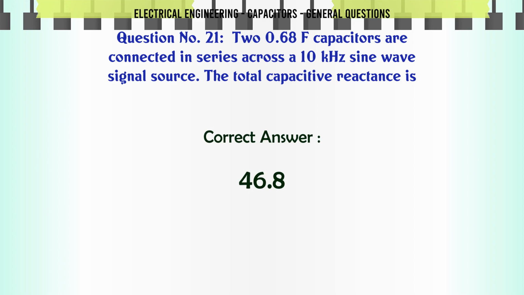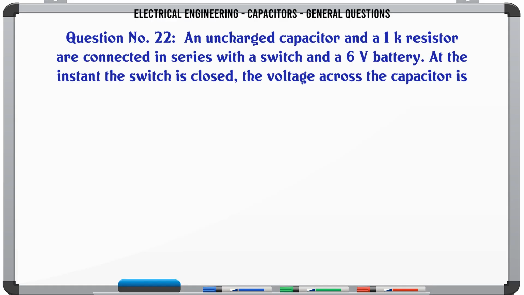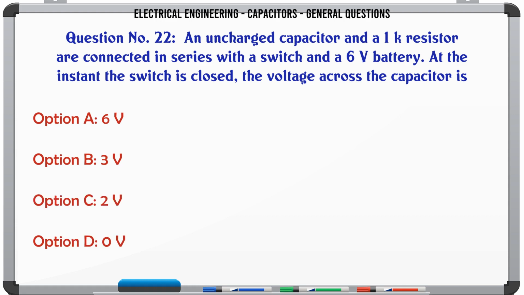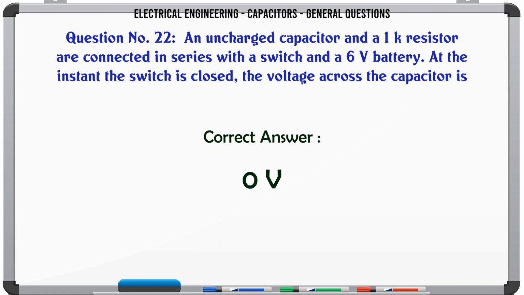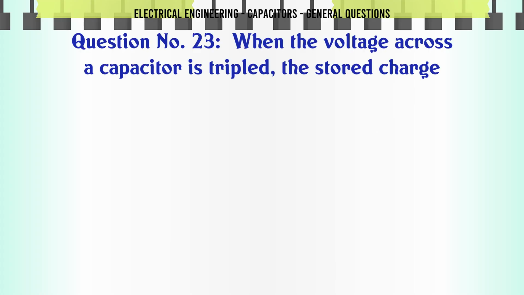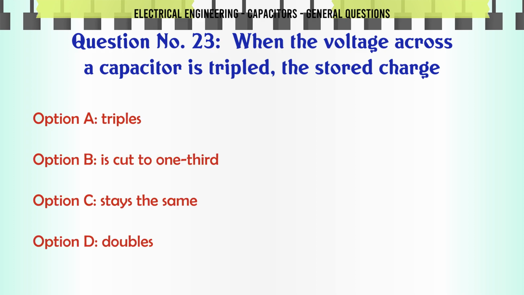46.8 Ω. An uncharged capacitor and a 1 kΩ resistor are connected in series with a switch and a 6 V battery. At the instant the switch is closed, the voltage across the capacitor is A 6 V, B 3 V, C 2 V, D 0 V. The correct answer is 0 V. When the voltage across a capacitor is tripled, the stored charge A triples, B is cut to 1/3, C stays the same, D doubles.